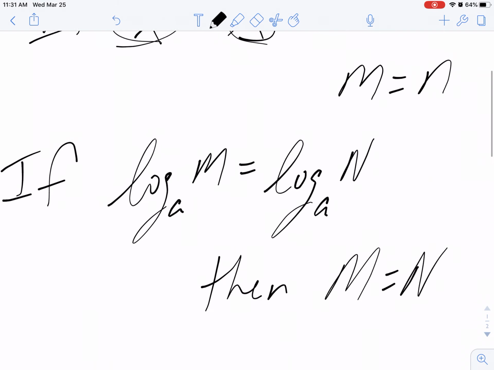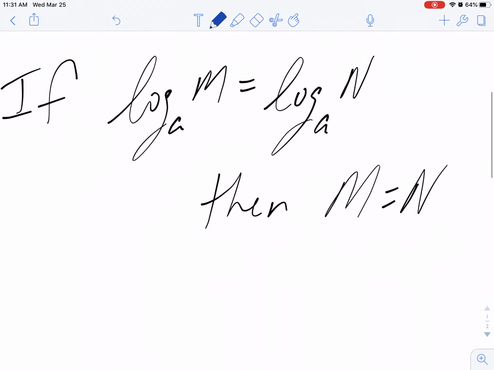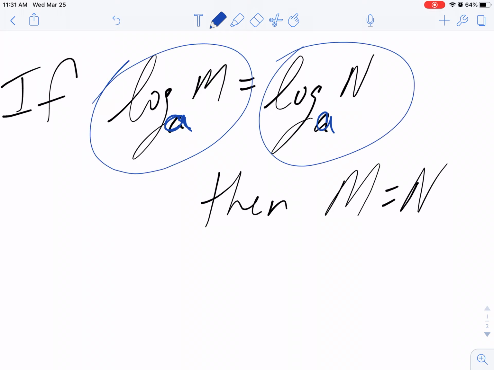This is similar logic for this next statement. If you have a log expression with the same base, you notice they have to be the same base, otherwise nothing works. So if you have log base a of m equaling log base a of n, then you can conclude that m has to equal n.